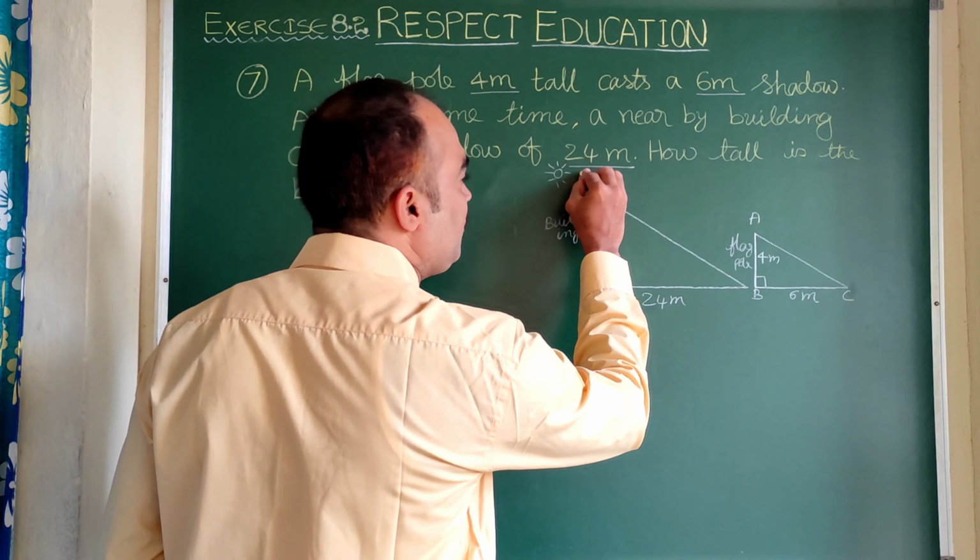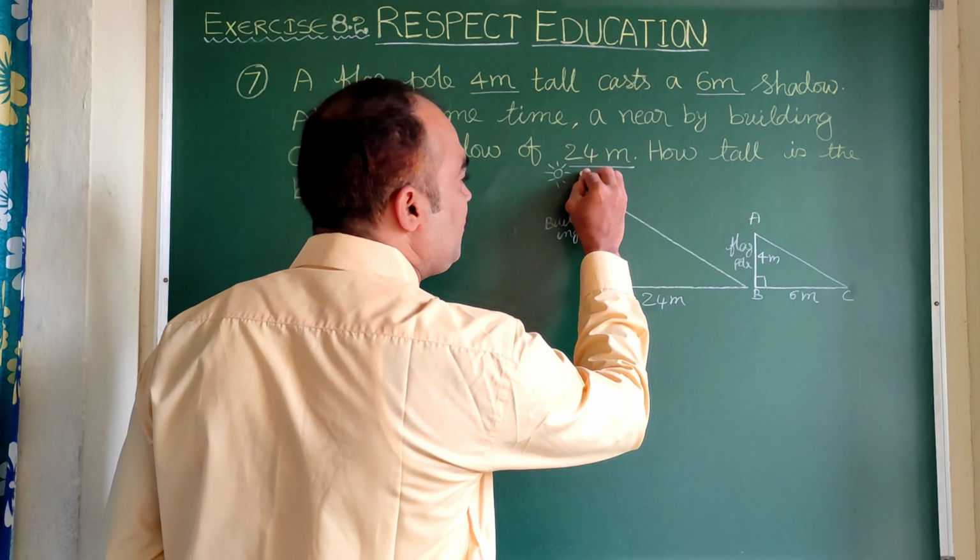Next, also given, length of the shadow of a building. Here the building is DE, its shadow is EF. So here EF is equal to 24 meter.